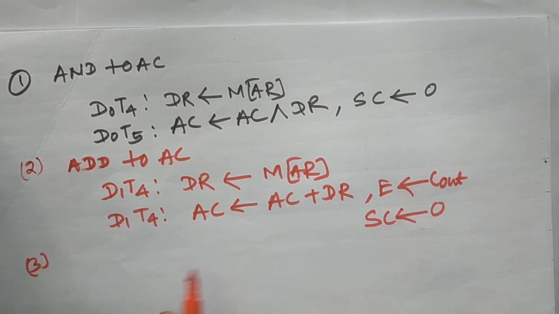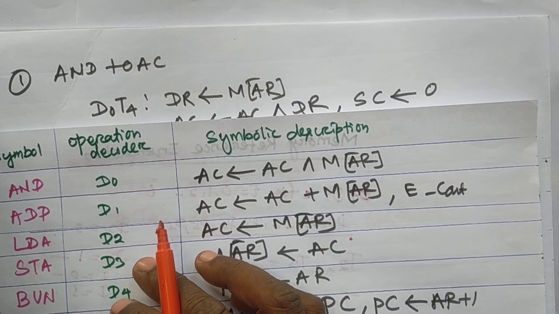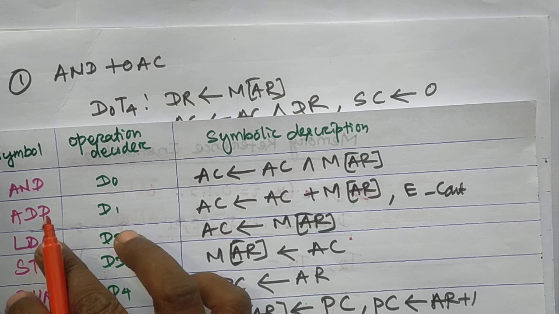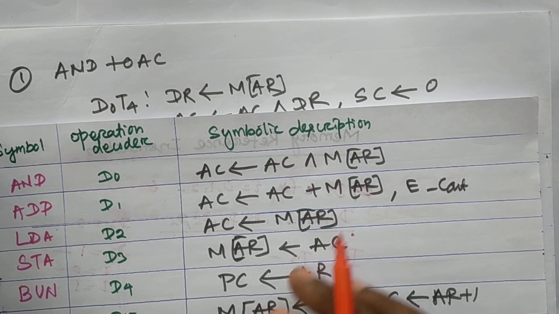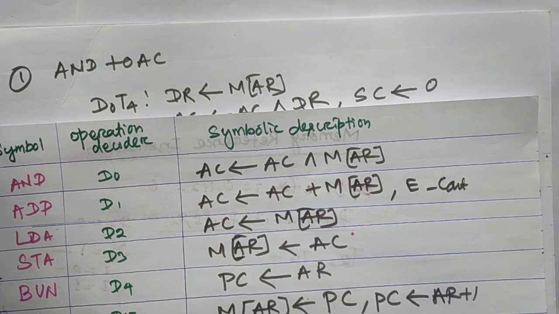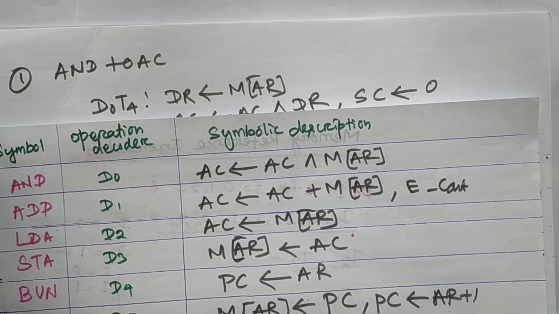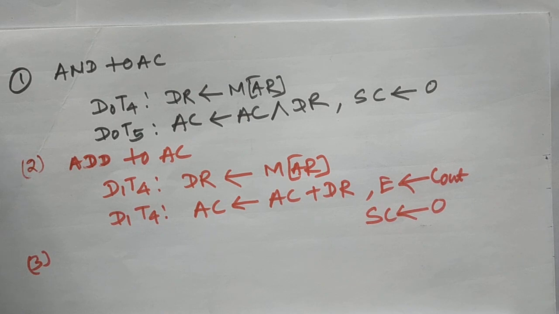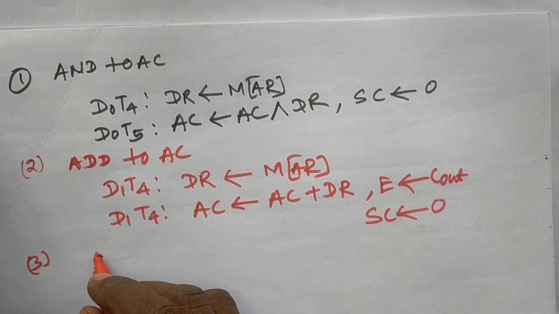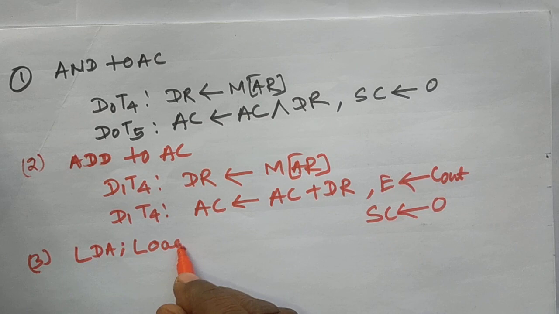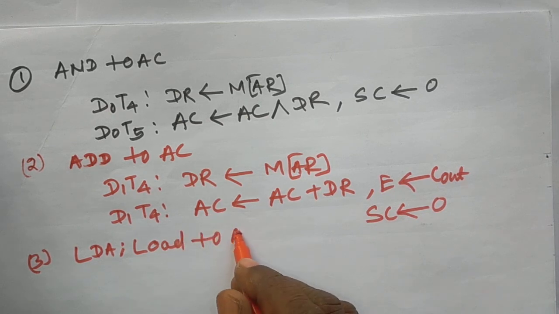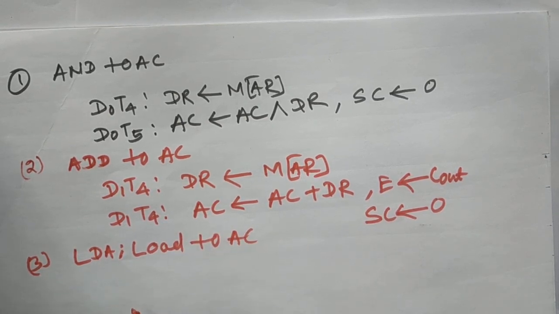Next, third is D2, the load data operation. Very simple: load data means the memory address data is loaded into AC. What we write is LDA, or we can say load to AC.